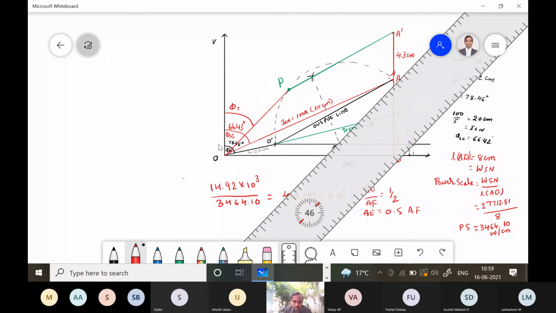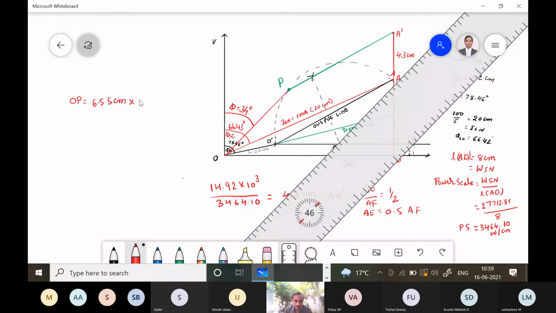OP is the current vector. Measure the distance of OP. How much is the distance of OP? 6.5 centimeter. OP is equal to 6.5 centimeter.